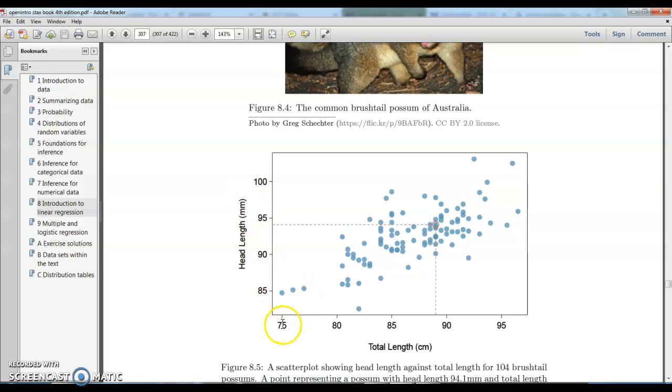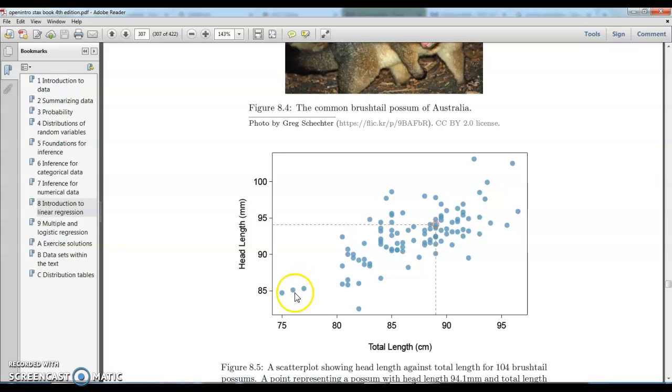But we notice that as our possum gets longer, our head length goes up, right? If we were thinking of where that line is going to go, the line's going to go right kind of through here, picturing a straight line. As our length of the possum increases, the head length also increases. So here we would say there is a positive relationship between those two, and that makes sense, right? The longer the possum is, the longer its head should be.